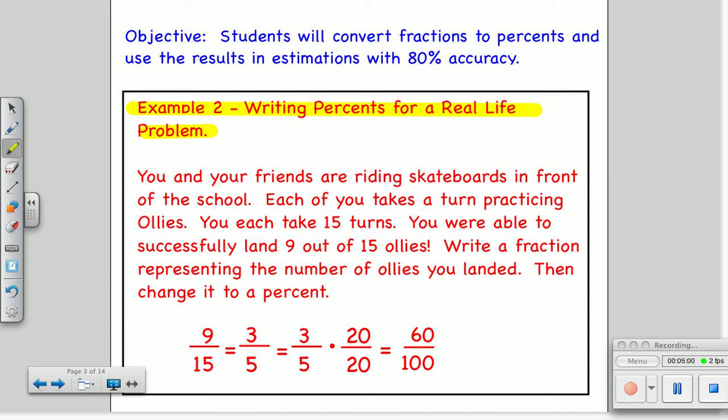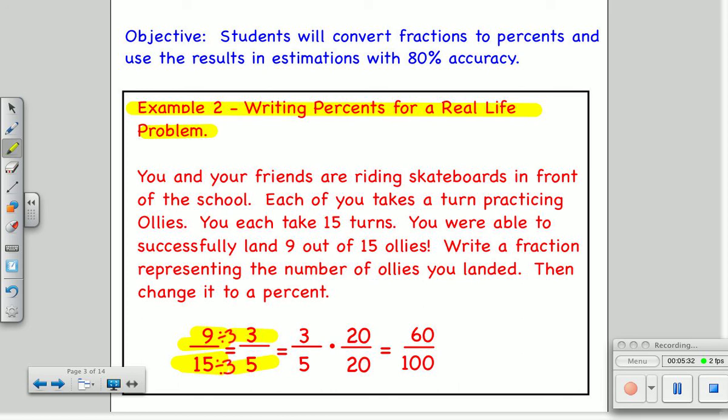So if you did 9 out of 15, the fraction you would write is 9 out of 15. Now, there isn't anything I can multiply by 15 to make it 100. So I'm going to reduce the fraction 9/15 first. I can divide both 9 and 15 by 3. 9 divided by 3 is 3. 15 divided by 3 is 5.